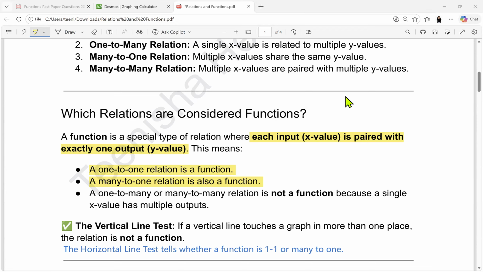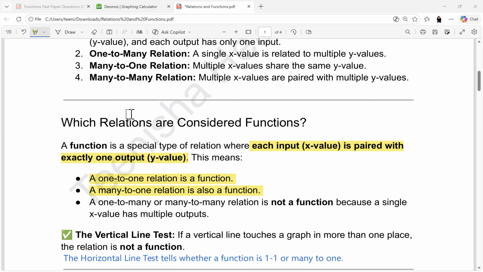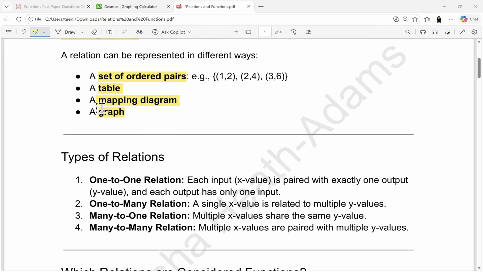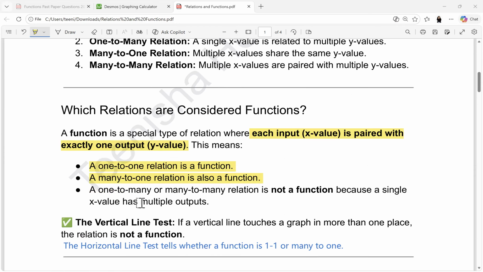Anybody knows? So a graph, a table. How else can we represent a relation? In a table of values, a graph, or a mapping diagram. Yeah, a mapping diagram. Or we can list this as a set of ordered pairs. All right. Okay, good.